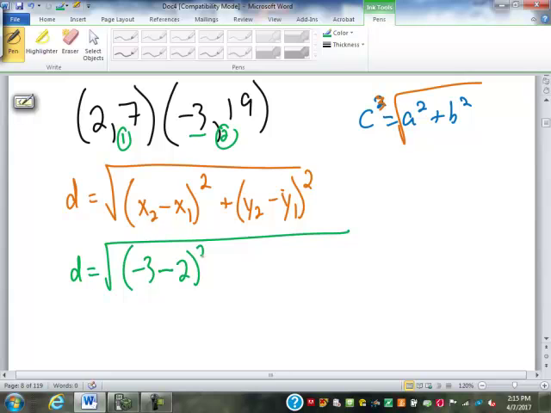Very good. Plus, in the next set of parentheses, y2 will be 19. Good. Point 2 y coordinate is 19. Minus y1 is 7. Good. Point 1, the y coordinate is 7. That's got to be squared. So now we could enter this in the calculator just like that, but I'm going to go ahead and do it by hand.